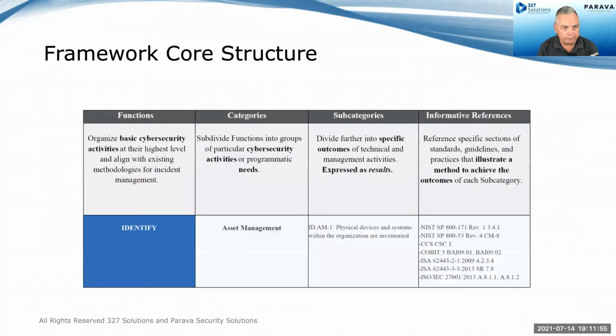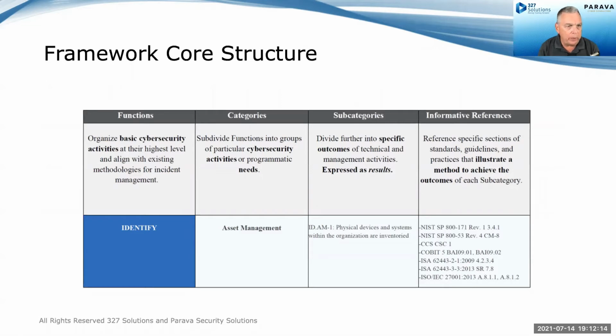So looking at the framework core structure, on the far left, you see functions. In this particular case, you're organizing basic cybersecurity activities at their highest level and aligning them with existing methodologies for incident management.